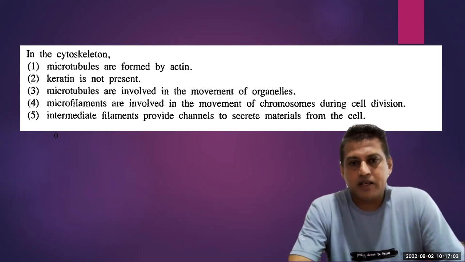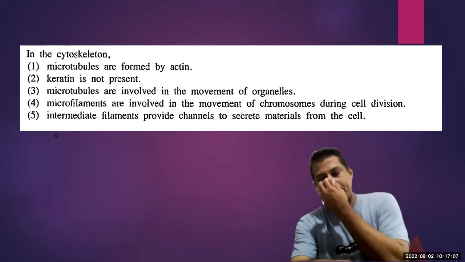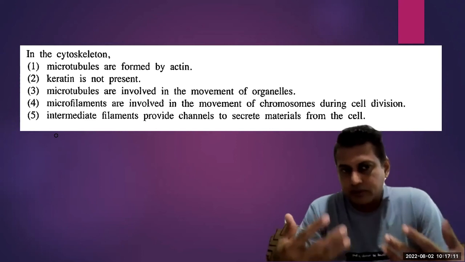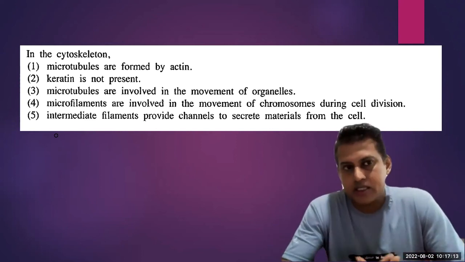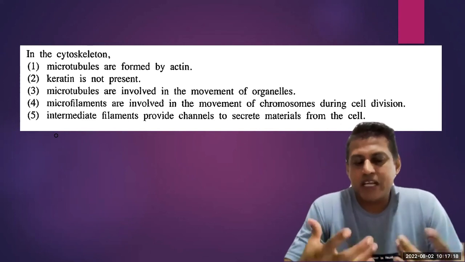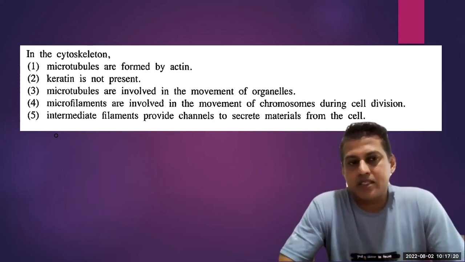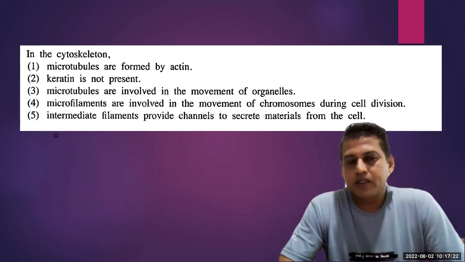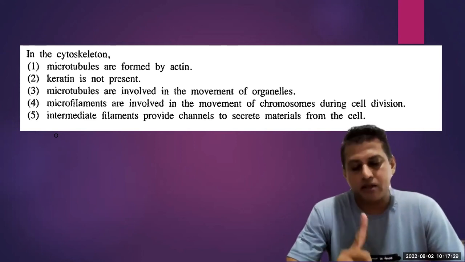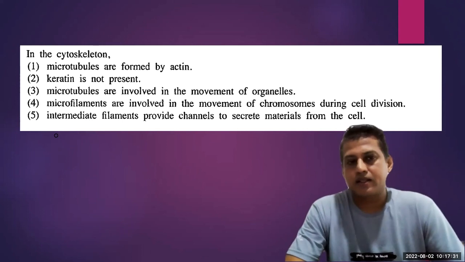Yes, there are two answers. Now, one of the confusing things is the wording. I clearly mentioned the names of the cytoskeleton filaments are very confusing, because the first one is microtubules, the second one is microfilaments or actin, then the third one, intermediate filaments.